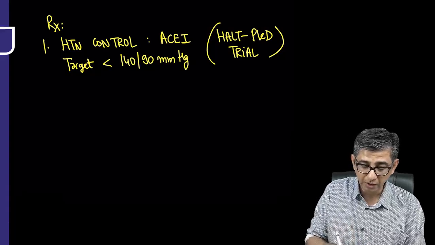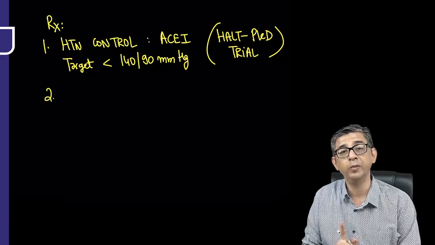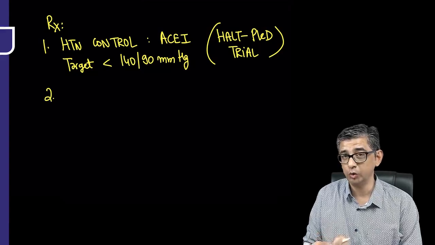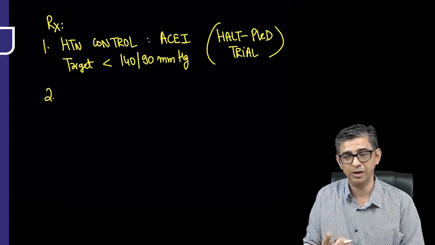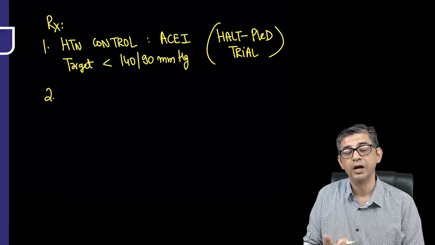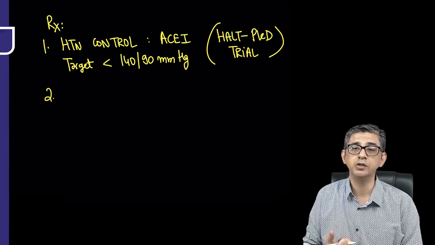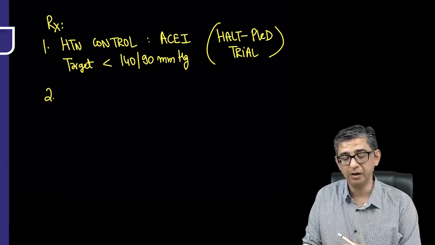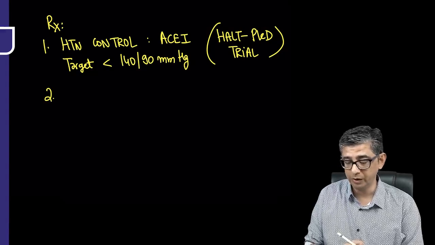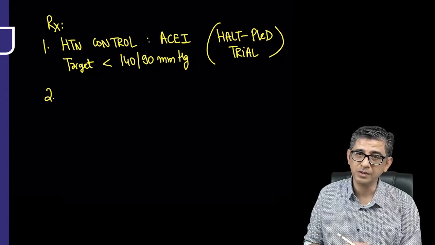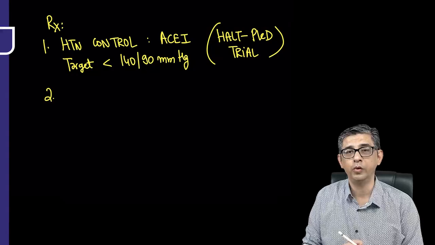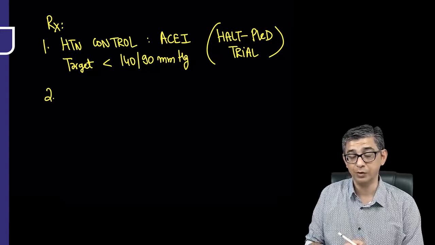Why I mentioned this target value is because in diabetic nephropathy, the target that I have taught you, or will be teaching you in the subsequent videos, not in sequence, like in the endocrine component where I've also covered it, is 130/80. But for polycystic kidney disease, he has mentioned a target of 140/90 millimeter of mercury, and he said that aggressive blood pressure control with values less than this will retard the progression of development of cysts as well.